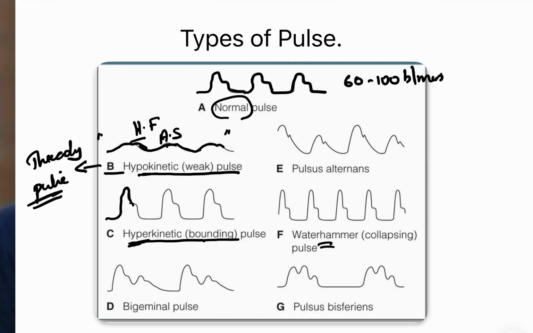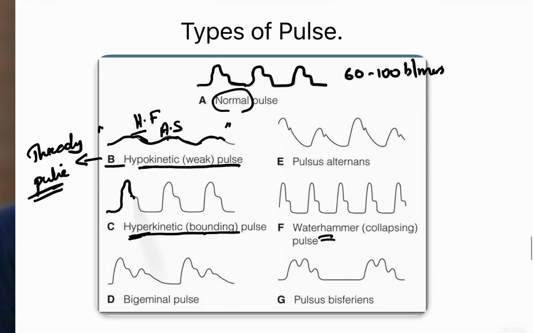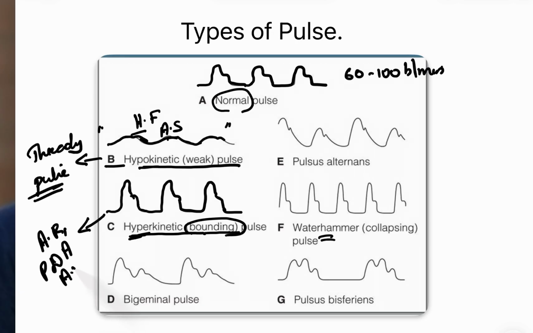It is large and it is caused by a large volume of blood ejected rapidly by the heart. When the heart ejects a large volume of blood, this type of hyperkinetic or bounding pulse is seen. Disease conditions commonly manifesting a bounding pulse are aortic regurgitation, patent ductus arteriosus, and arteriovenous fistulas.